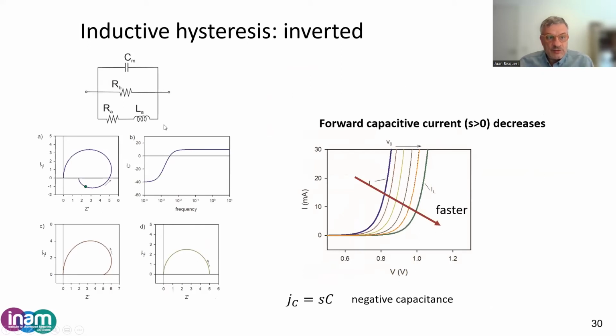So in addition to the capacitive hysteresis explained before, we have also the hysteresis caused by induction. And induction is like a negative capacitance, so that instead of increasing, the current is decreasing. So it goes the other way around. So we have the inverted hysteresis related to the dominance of inductive elements in the equivalent circuit.